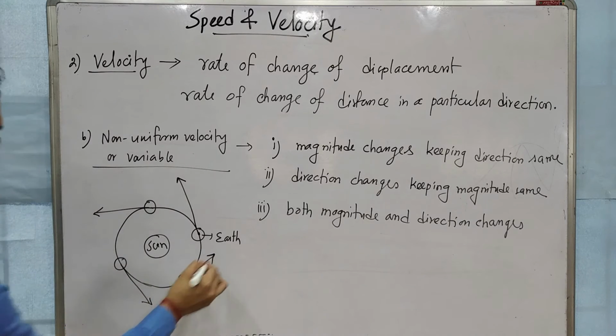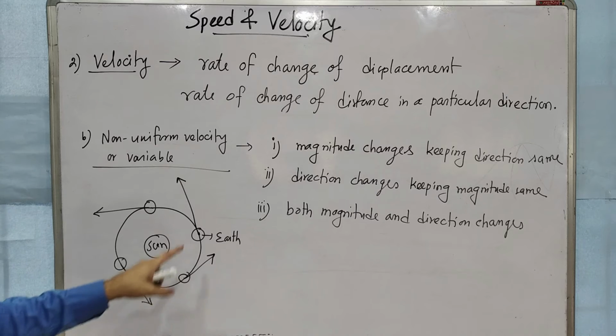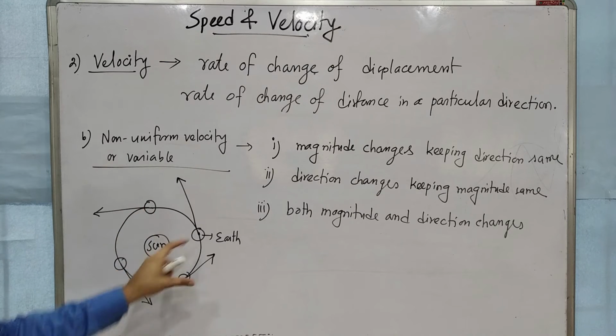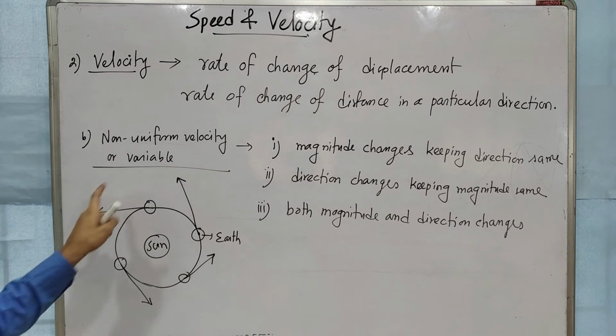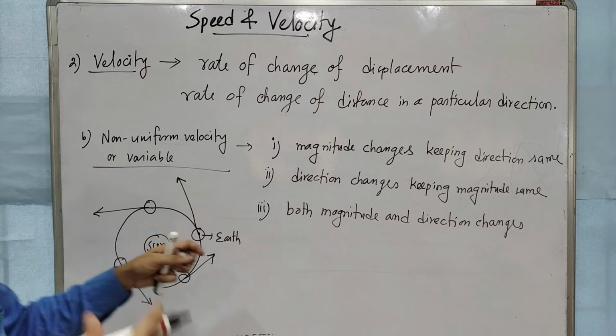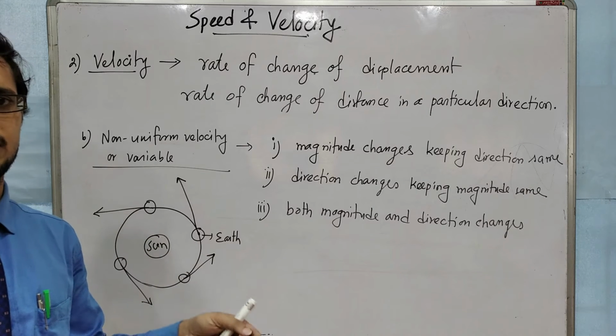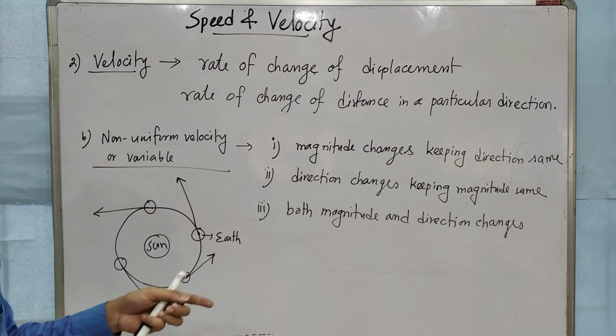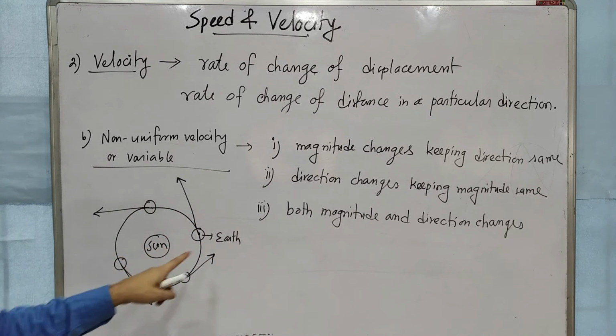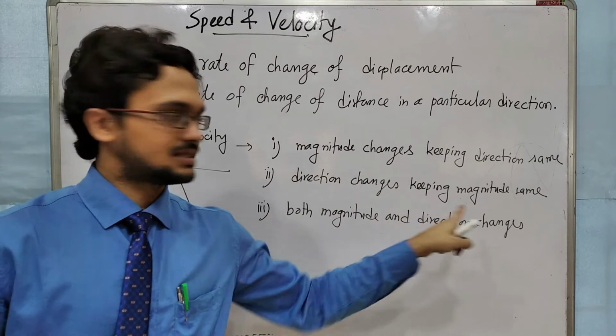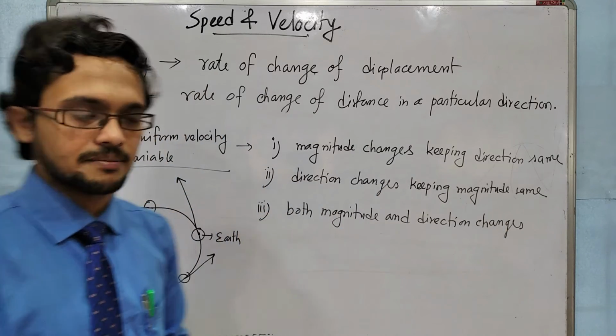So at every point, if we consider equal intervals of time, its direction changes. But the earth moves with almost constant velocity. If we consider it a constant magnitude, then the direction changes. Here second case, direction changes keeping magnitude same.